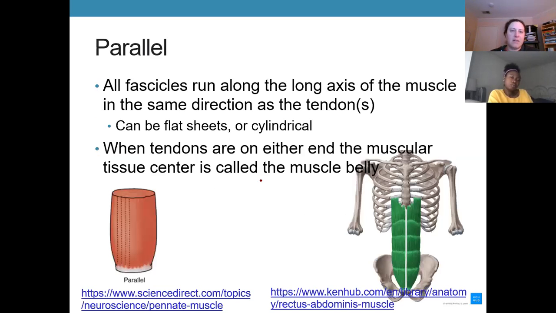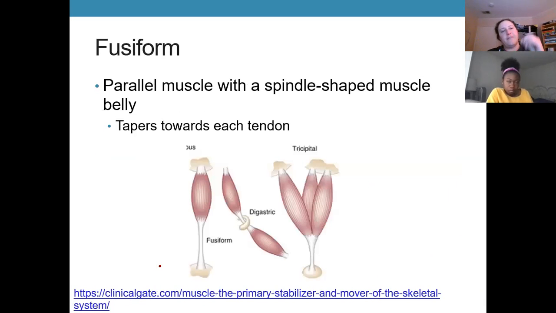Parallel is really easy. All the fascicles run parallel to the tendon. And so we typically have this very flat sheet like our abdominal muscles here, or a uniform cylinder. So that one's pretty straightforward. A lot of our muscles are actually fusiform, so they're almost parallel, but there are more muscle fibers than the diameter of the tendon.